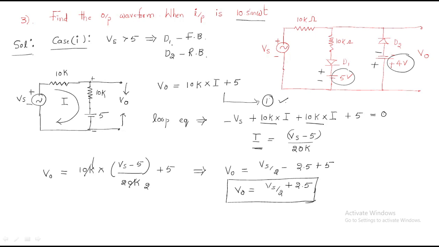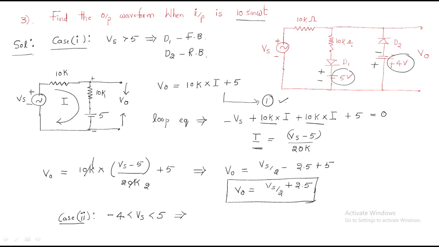Now for case 2, the input is between limits. We have minus 4 and plus 5, so Vs is in between minus 4 and 5. Minus 4 is the minimum, plus 5 is the maximum.